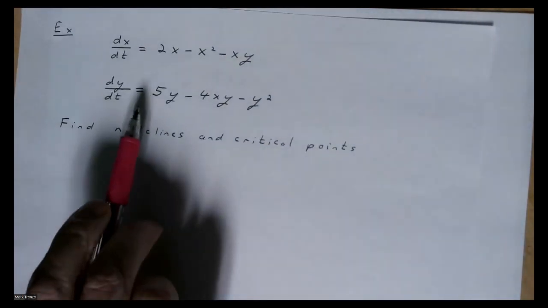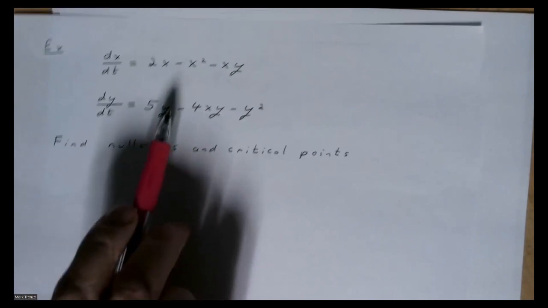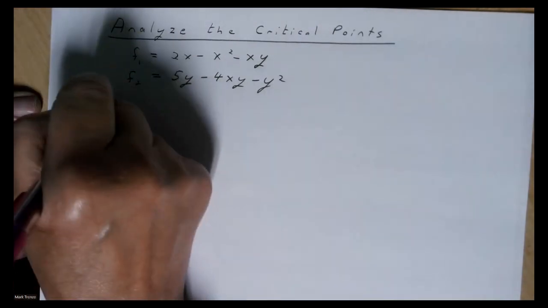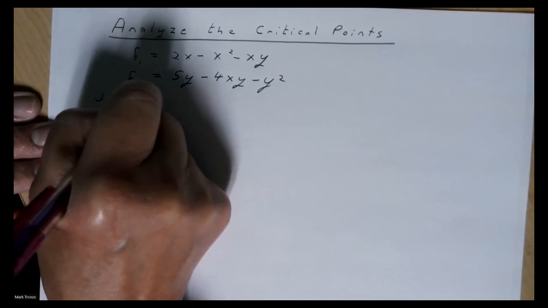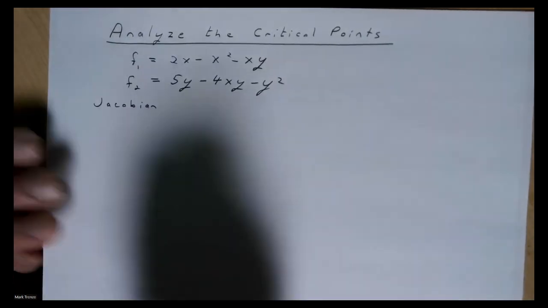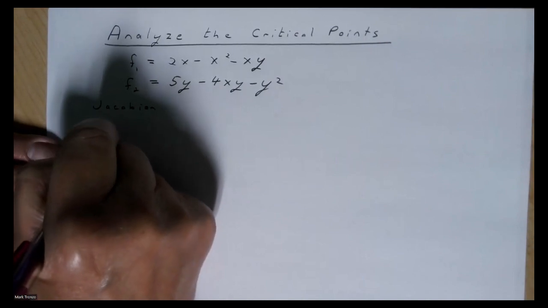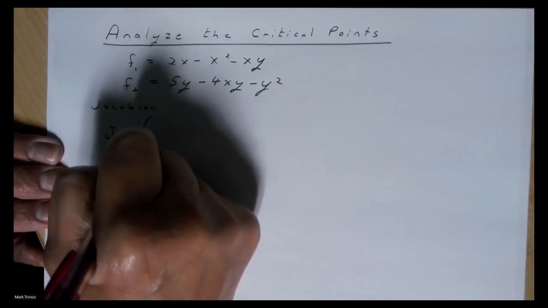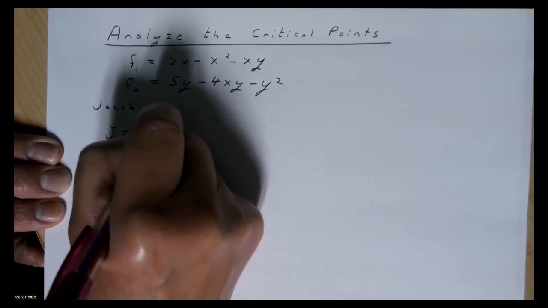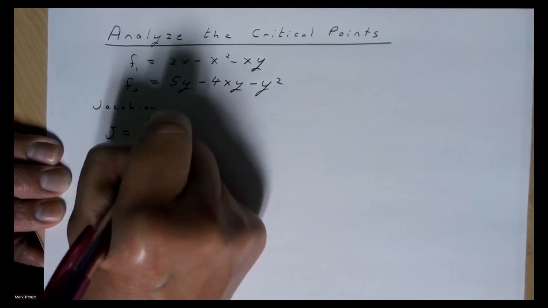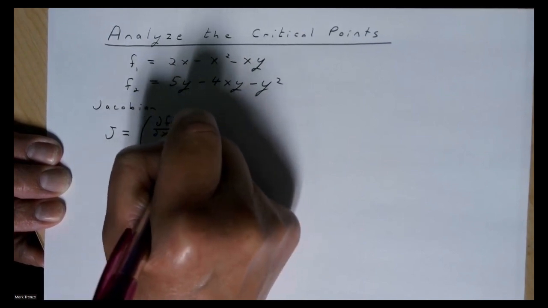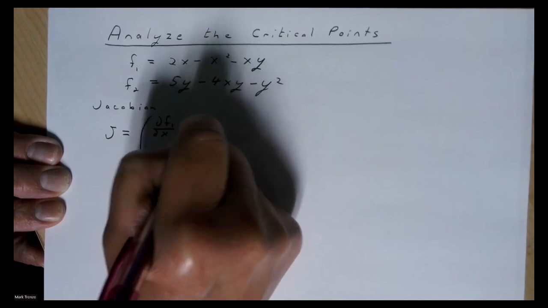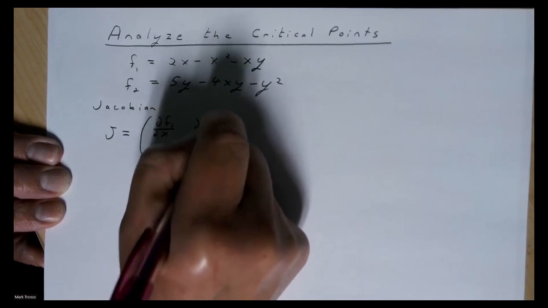Again, all I did was take our original system of differential equations. That's F1, that's F2. And then for the Jacobian, let me call it J. You can call it really whatever you like. This is going to be the derivative of F1 partial with respect to x, and then partial with respect to y.